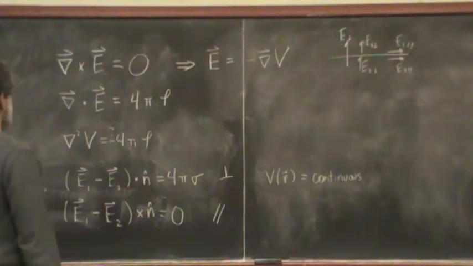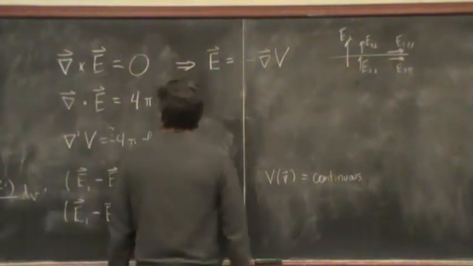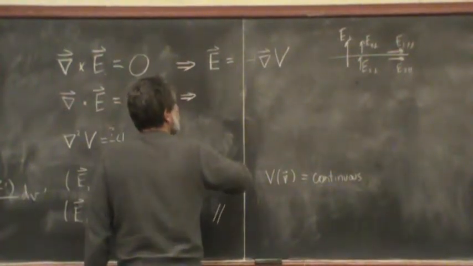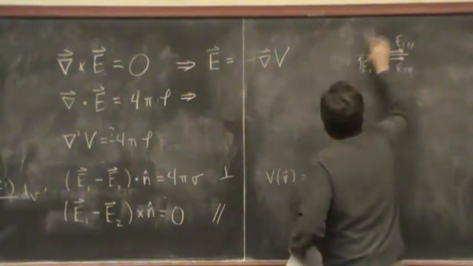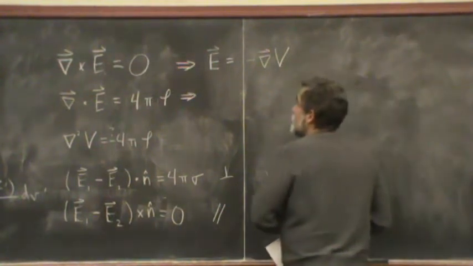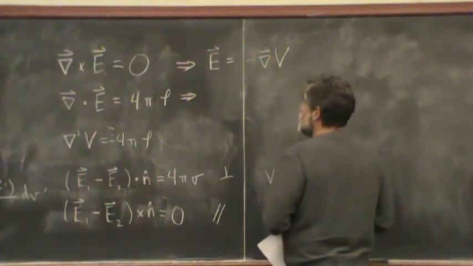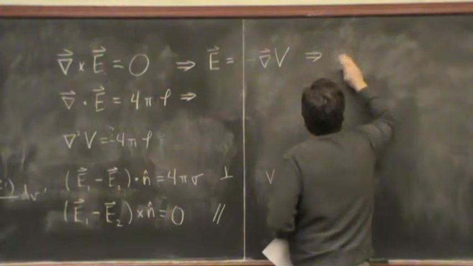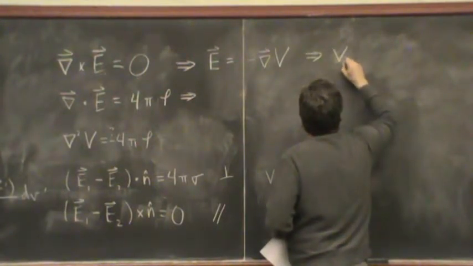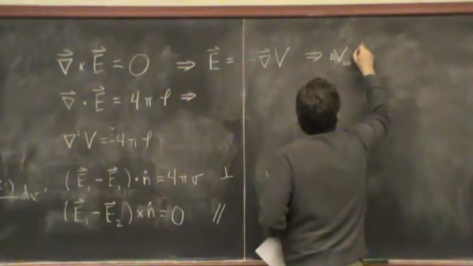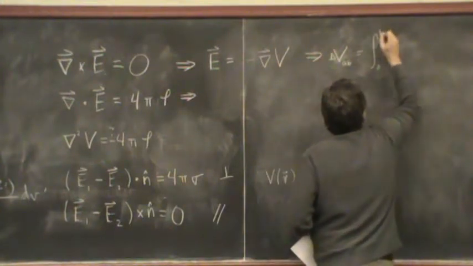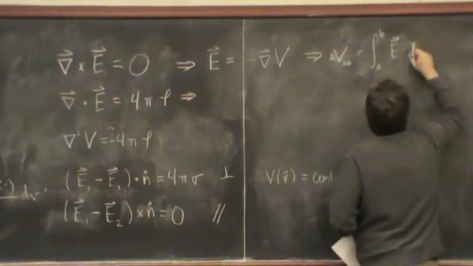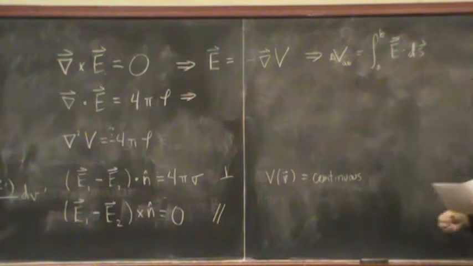I'll write the integral form here while I'm at it. I'm not doing things completely consistently here, so let me write the integral form of this, which is that the potential difference between two points is equal to the integral from A to B of the path integral.